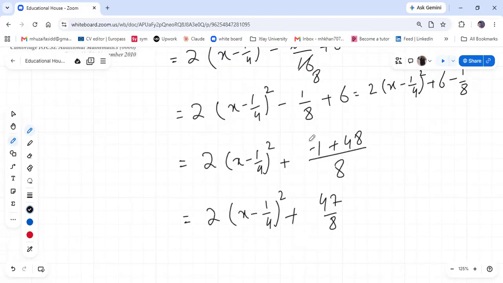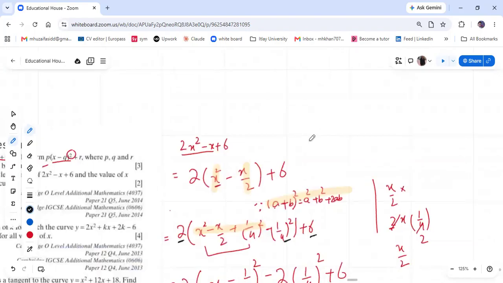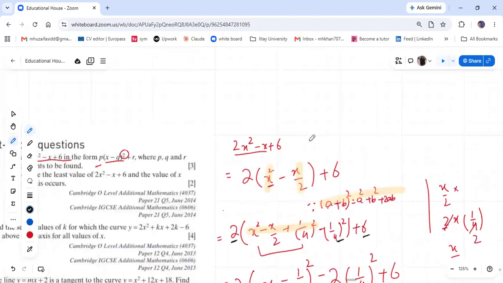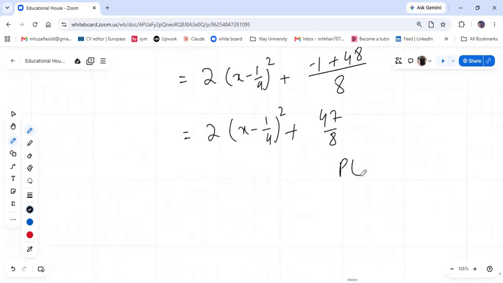From this, our question was what? The equation has to be in the format p into (x minus q) whole square plus r. Look at it here, our answer is in this format.